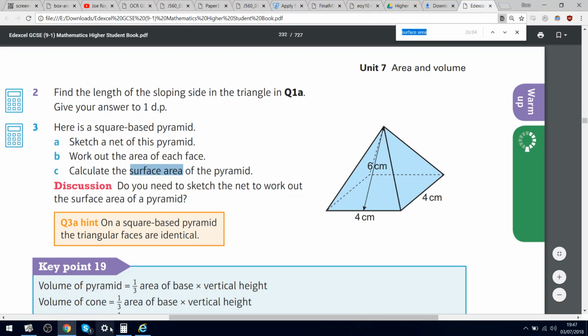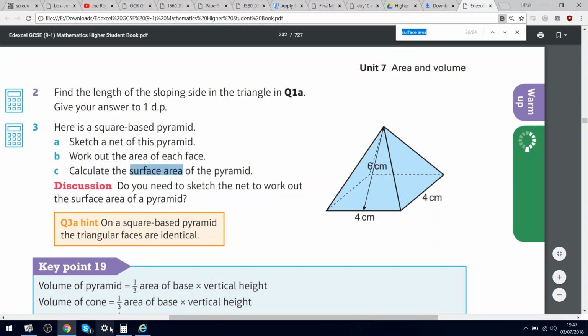The reason I did 6 times 4 was because if we divide one of those larger triangles in half, we'd have 2 times 6, because half base times height is the area of a triangle, and it would be 2 times 6, not 4. Oh yeah, okay, I see that, sorry.